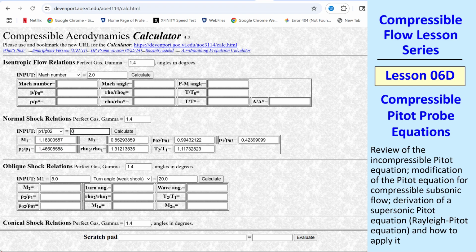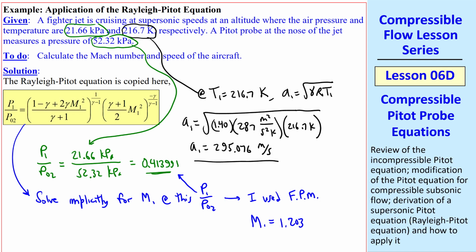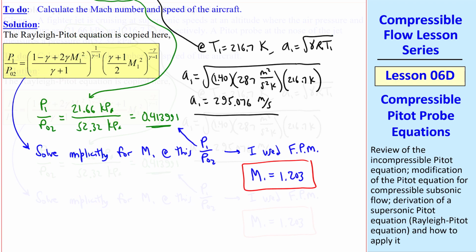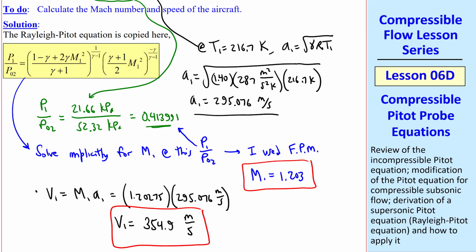Namely, we set P1 over P0 2 to 0.41399 and hit calculate, and we get M1 as 1.2027, which again agrees with my calculations. This is our answer for Mach number. To get the speed of the aircraft, we know that V1 is M1 A1, and using more digits for Mach number 1 and using our A from here, we get 354.9 meters per second to 4 digits as the speed of the aircraft.